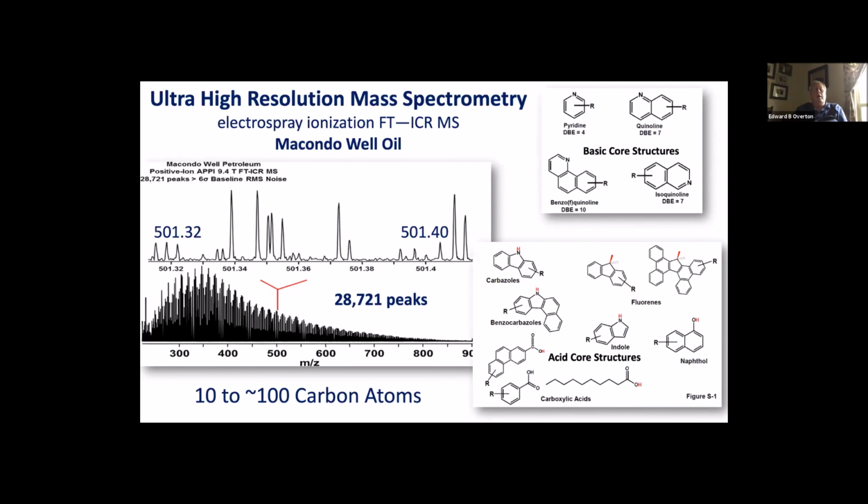And there are a number of ways where you can ionize the oil directly without going through a gas chromatographic column. But the point is that when we take a little bit of oil and we run it through, this particular mechanism identified over 28,000 individual peaks, right? These are individual compounds that are in the oil.